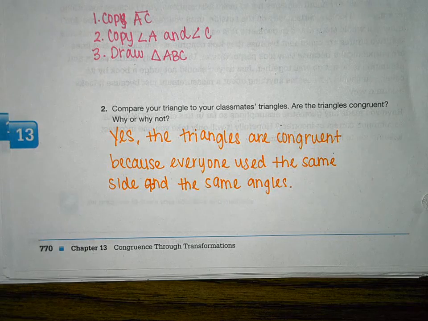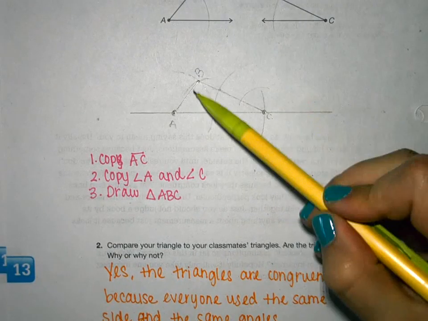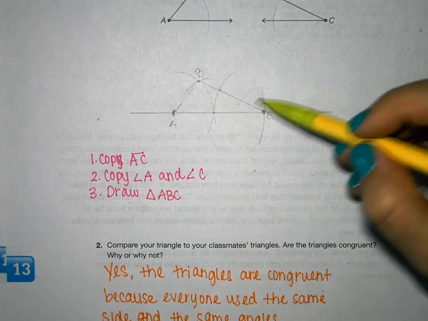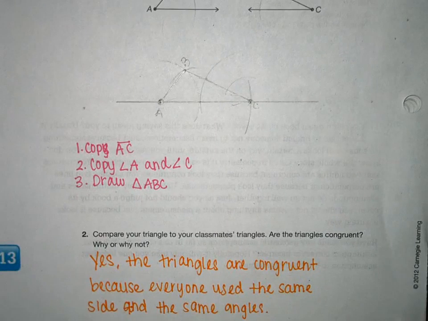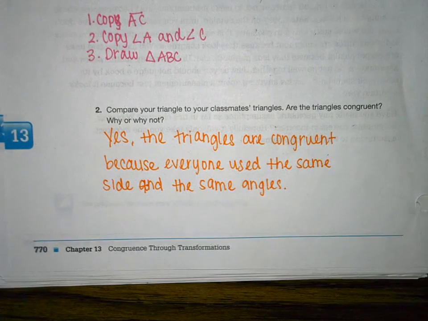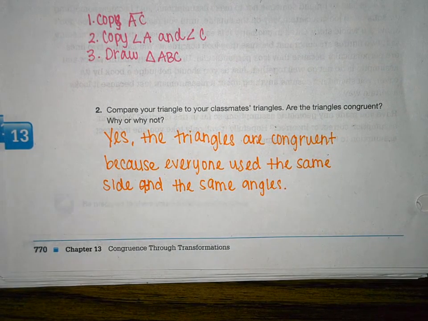So because we all had this angle and this angle, and we had the side in between them, we can conclude that the triangles are congruent.